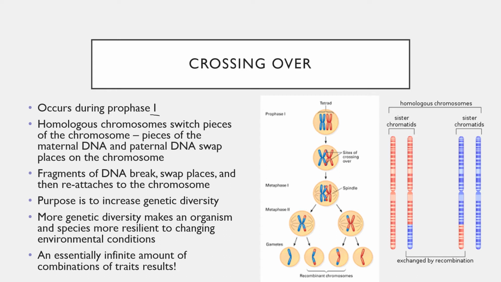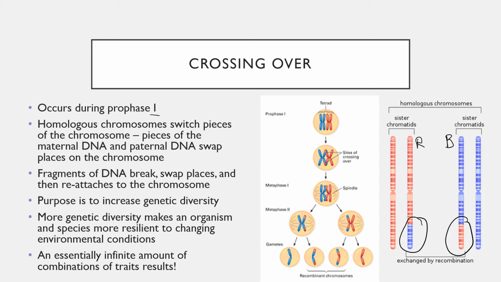So if you're looking at this image here, we can see that this red chromosome actually has a piece of the blue chromosome on top of it because they switch places, and the same thing happened on the blue. It has a piece of the red chromosome. So you can see how this is just going to increase the genetic diversity. I'm going to mix up my possible genetic traits even more.